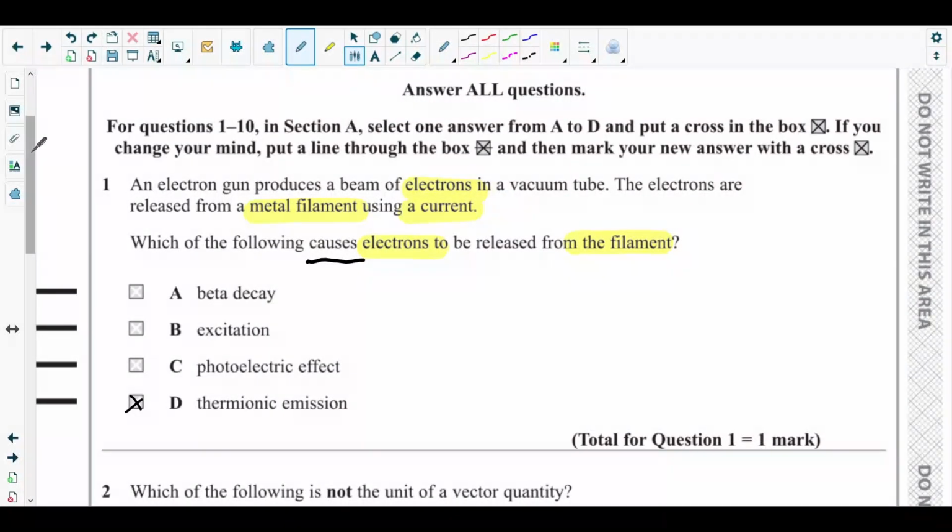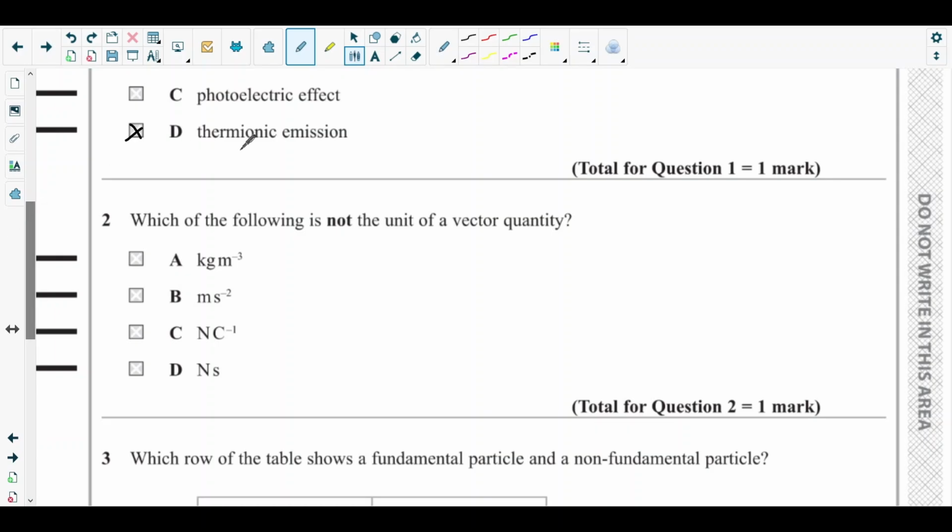Okay, next is question number 2, the second MCQ. Which of the following is not the unit of a vector quantity? Option A is kg per meter cube. Can you figure out what that unit is?